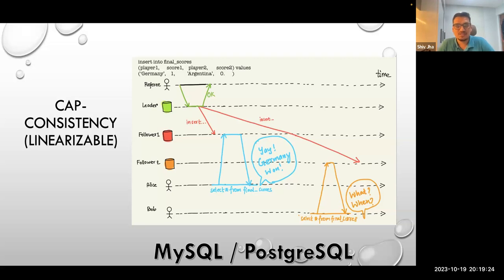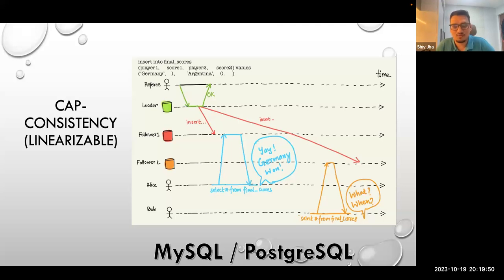So the insert with Germany's score as 1 and Argentina's score as 0 has reached follower 1 before Elias makes a query from the final scores table, and he shouts saying, Germany won. When Bob, sitting with him in the same room, refreshes his app, he sees the score as 0-0 still.